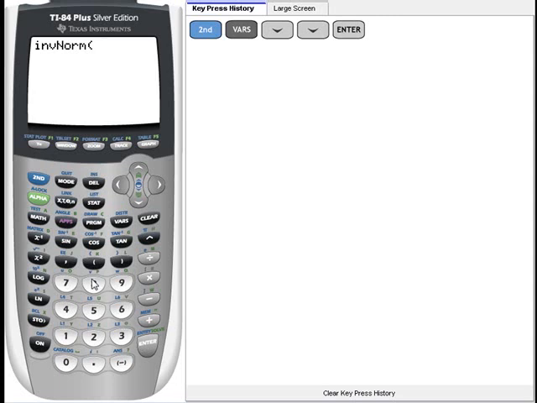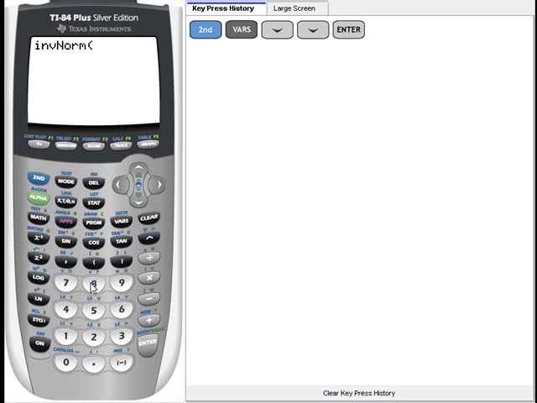We're looking at the value that would place a healthy person in the top 30%. 30% would be 0.3, but that would be the area to the right.